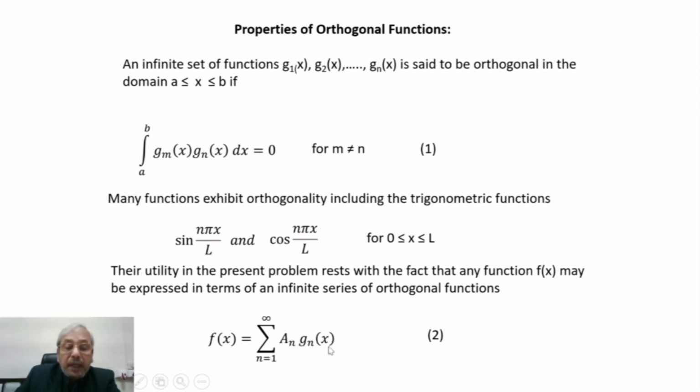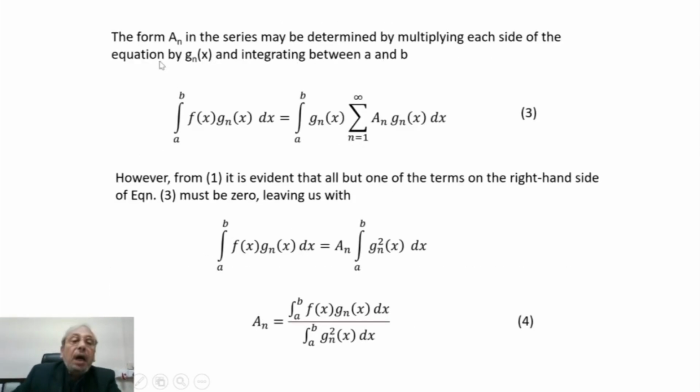The coefficient an in the series may be determined by multiplying each side of the equation by gn(x) and integrating between a and b.